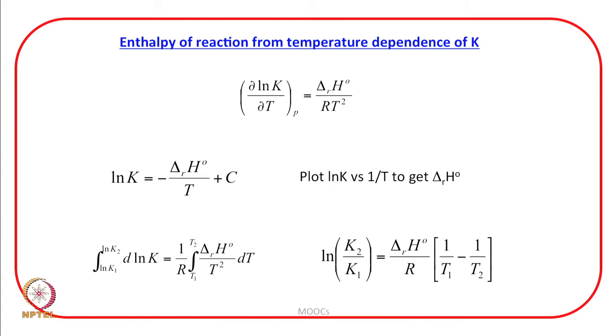So, what we discussed in this lecture is how temperature affects equilibria. In accordance with the Le Chatelier principle, for an exothermic reaction, increased temperature favors reactants. For an endothermic reaction, increased temperature favors products.